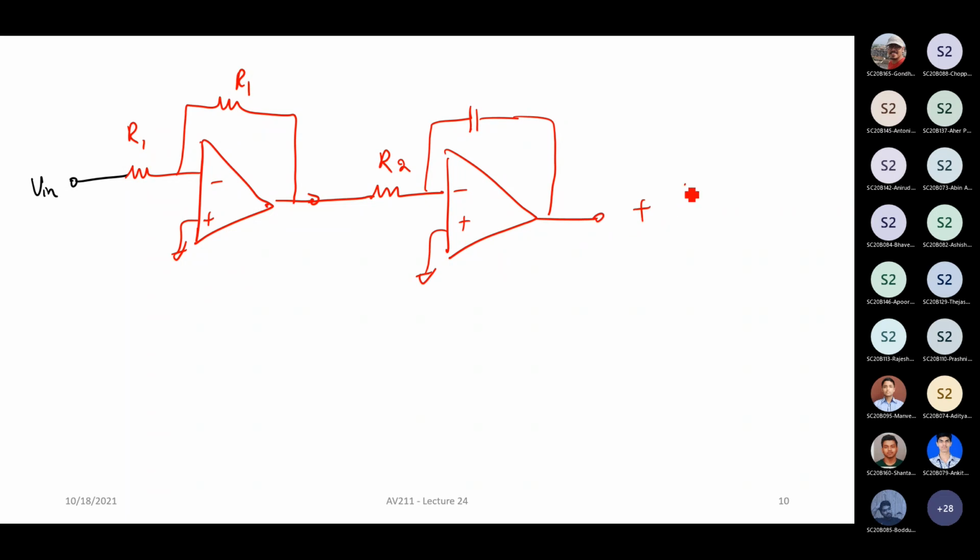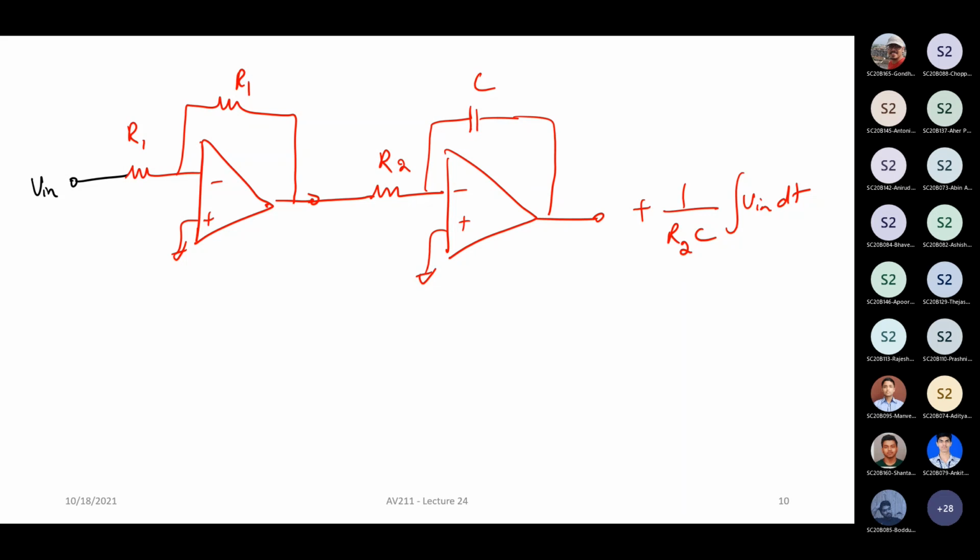Now here you are going to have plus 1 by R2 times C integral of V in dt. Now you can put this inverting amplifier on the other side also. That is also possible. Okay.